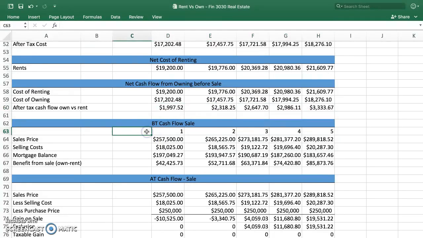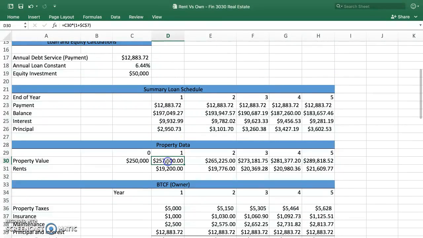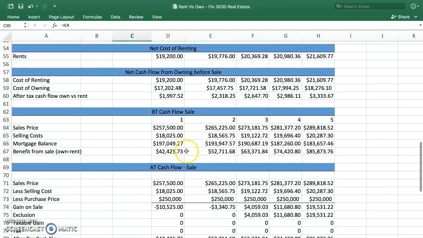This next section here is the before taxes cash flow sale. Alright, so here we have the sales price. That was already given to us right here. We've calculated that based off the original project assumption of $250,000 property value. So we have all of those numbers down here. Selling costs.